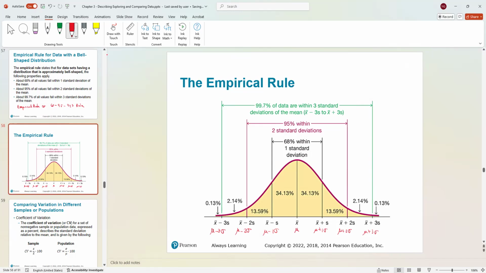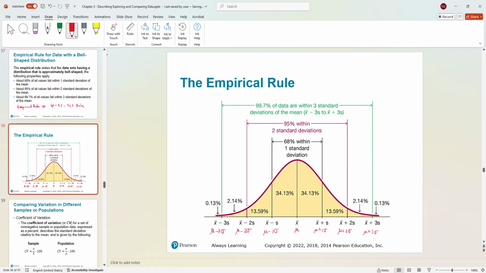So for example, if we have the average income in a company of $50,000 with a standard deviation of 5,000, you can confirm using the empirical rule that 68% of people working in that company have income ranging from 45,000 to 55,000.